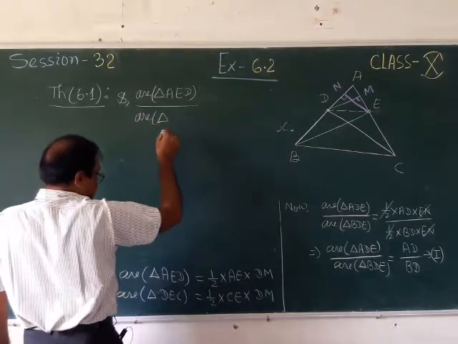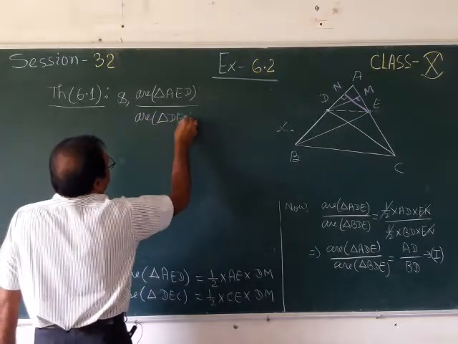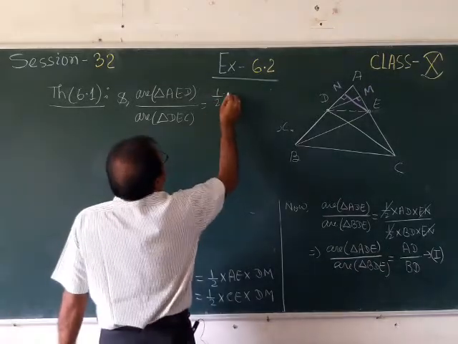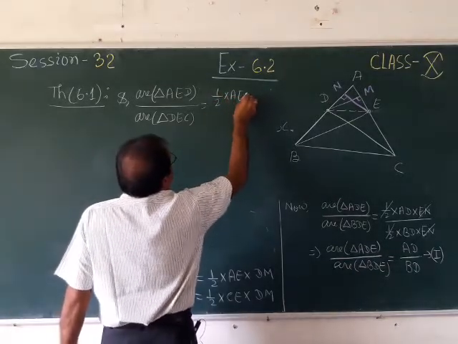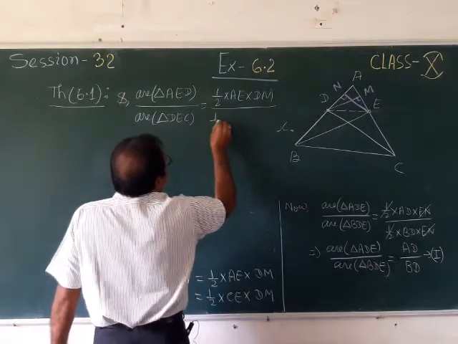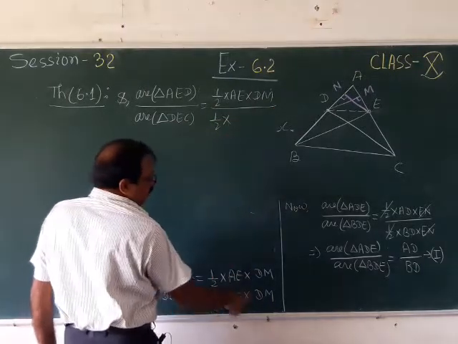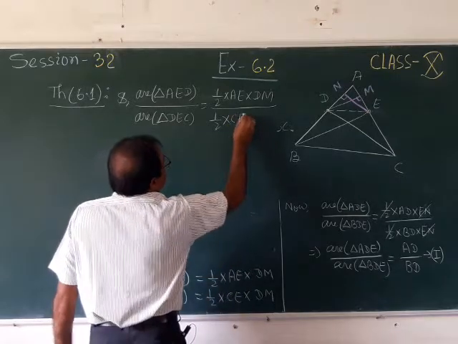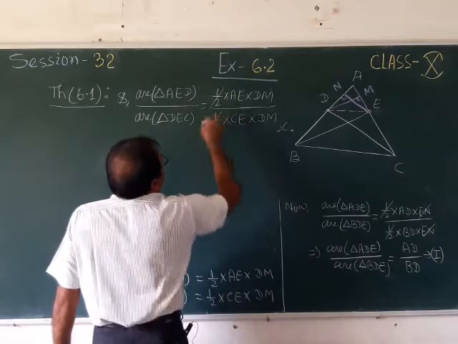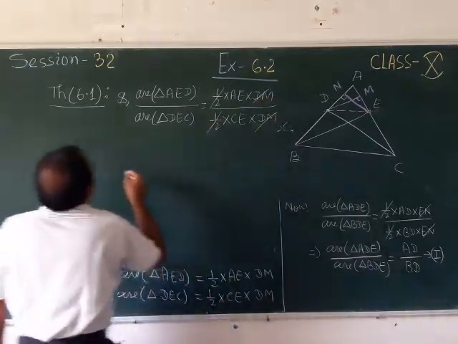area triangle DEC, that is equal to half into AE into DM upon half into CE into DM. Once again you can see half cancels and DM cancels.